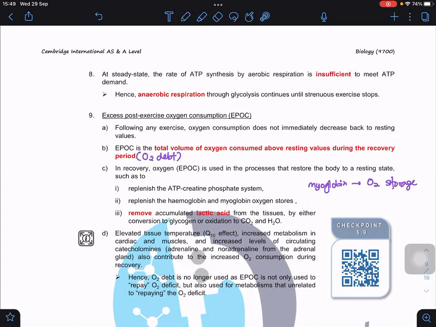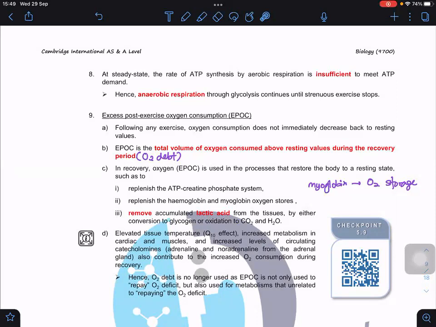O2 can bind to myoglobin to form oxymyoglobin, in the muscle cells only. Myoglobin is only found in muscle cells. And we need access to O2 to remove the accumulated lactic acid from tissues, either by converting it to glycogen or oxidizing it to CO2 and H2O. Are you clear? So it means that we burn down this lactic acid.